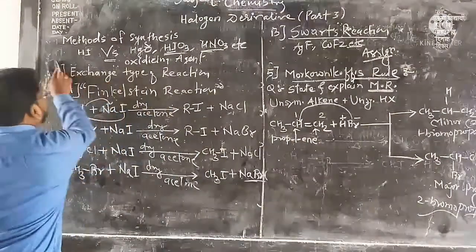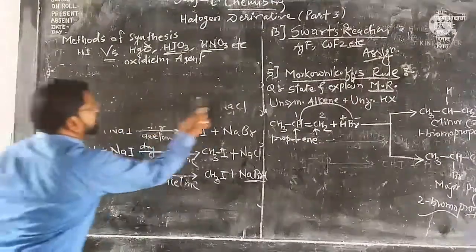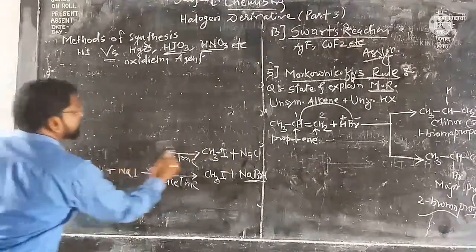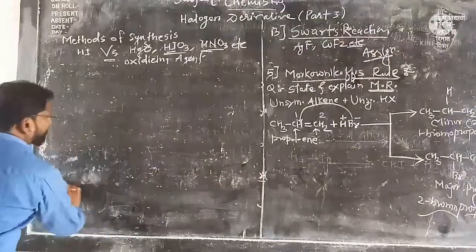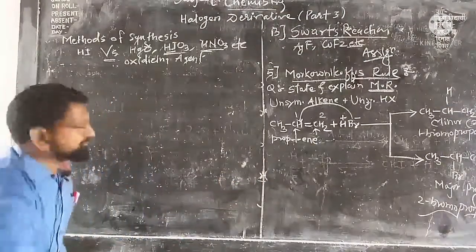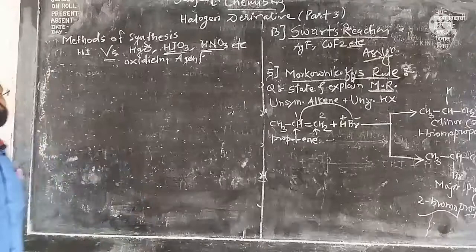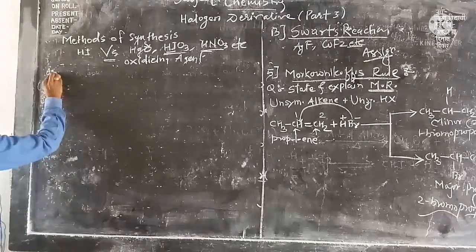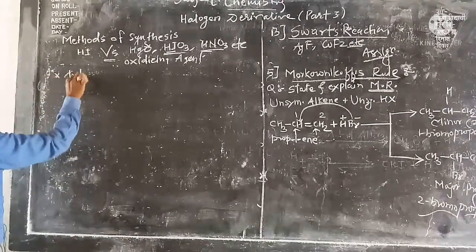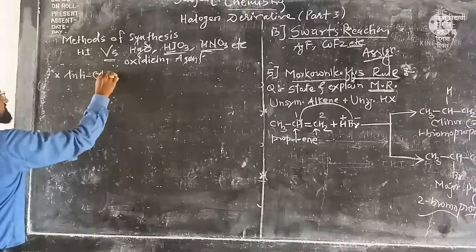Now last topic of the day's video, that is anti-Markovnikov's rule. See here, which will work exactly in the opposite direction to that of Markovnikov's rule. Anti means opposite.